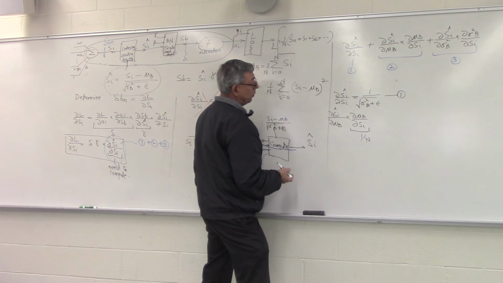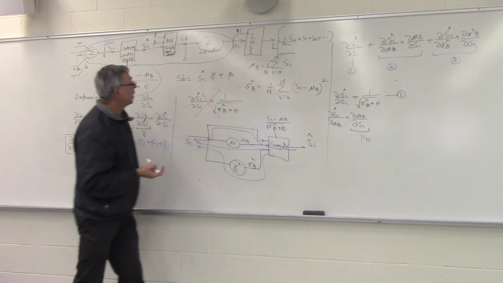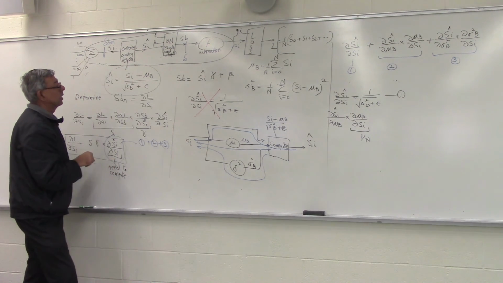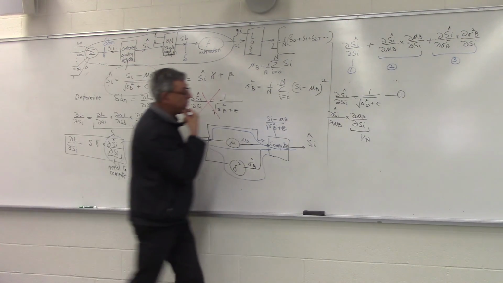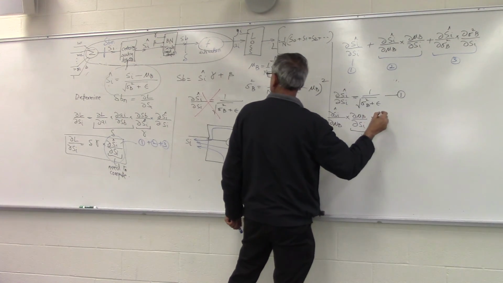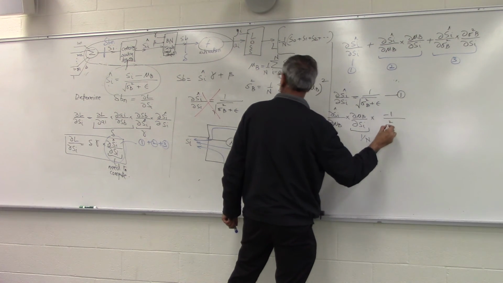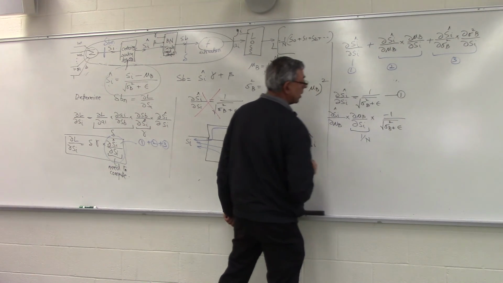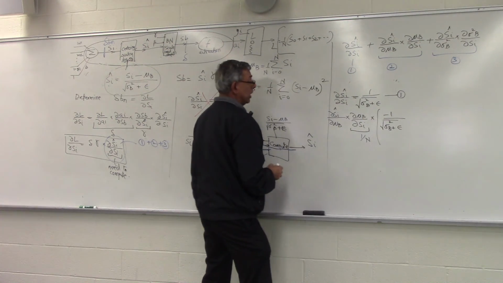Now let's go to partial SI hat over partial mu B. This will be minus 1 over the square root of sigma square B plus epsilon. But here's the tricky part.